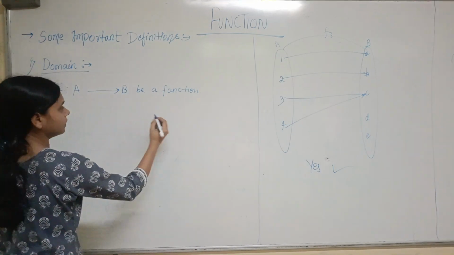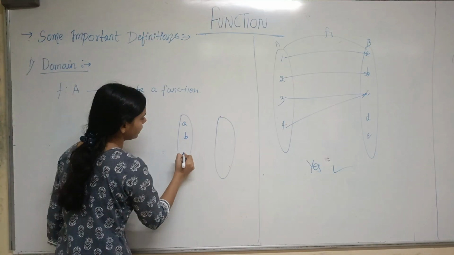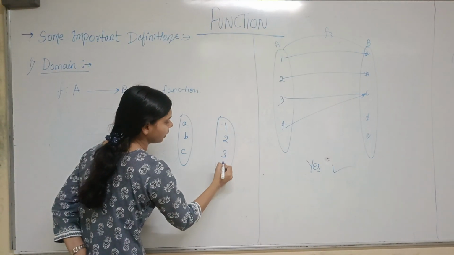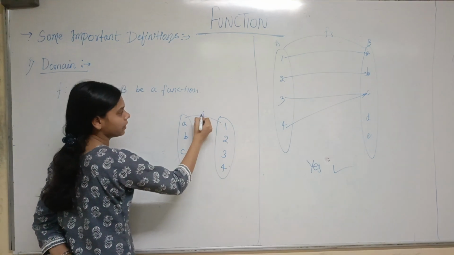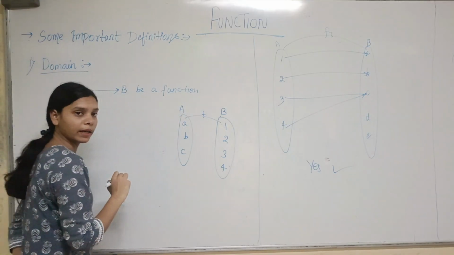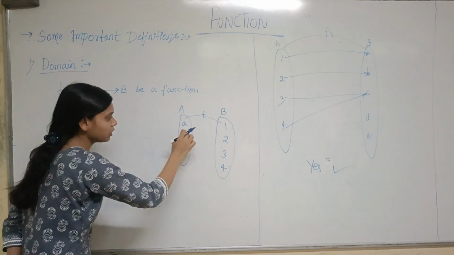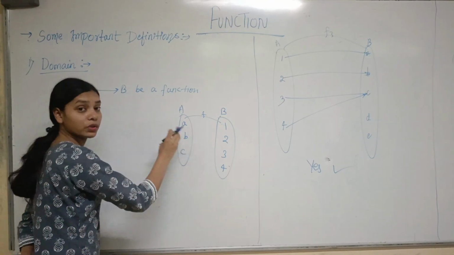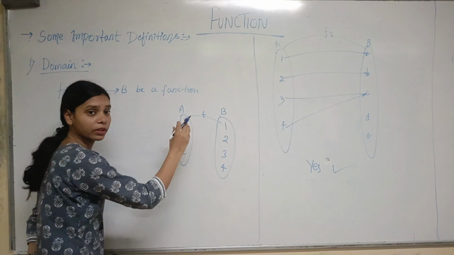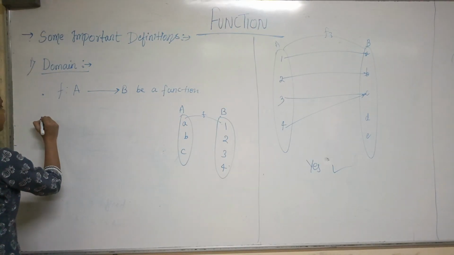Suppose here we take A, B, C and here we take 1, 2, 3, 4 and f is a function defined from set A to set B. So what is the domain? Domain is set A. The elements present in set A are called the elements of the domain. This set is called the domain of the given function.